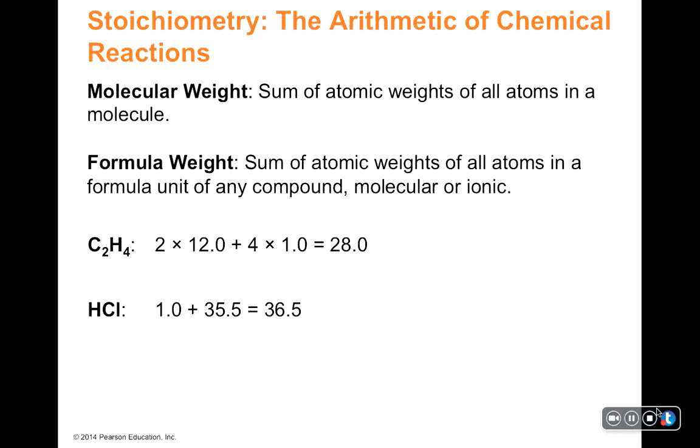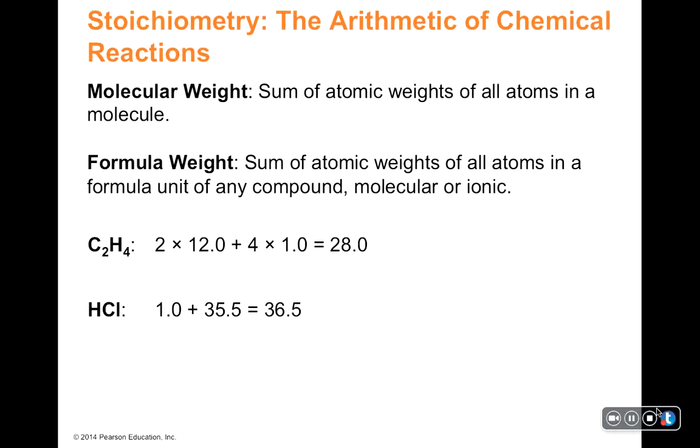The formula weight is the sum of atomic weights of all atoms in a formula unit, whether it's molecular or ionic. So the distinction is that when you hear molecular weight, you're usually referring to a molecule, and formula weight can refer to either. You'll probably hear me say molecular weight even when I'm talking about an ionic compound, so try not to let that throw you. I'm just talking about the same thing here.